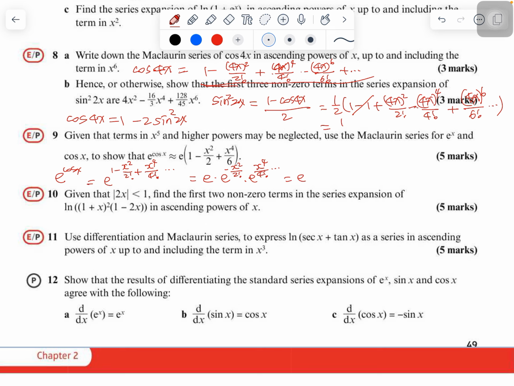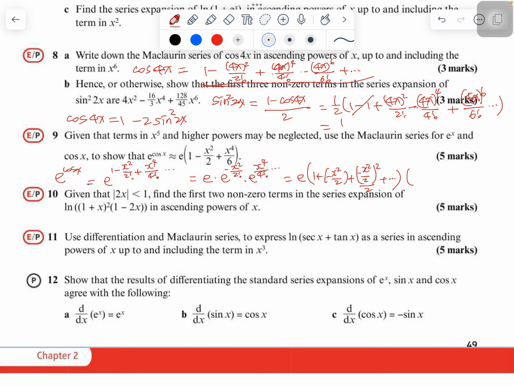Then from the formula of the Maclaurin series of e, 1 plus e to the negative x squared over 2 plus (negative x squared over 2) squared over 2 plus blah blah blah. We don't need any further.